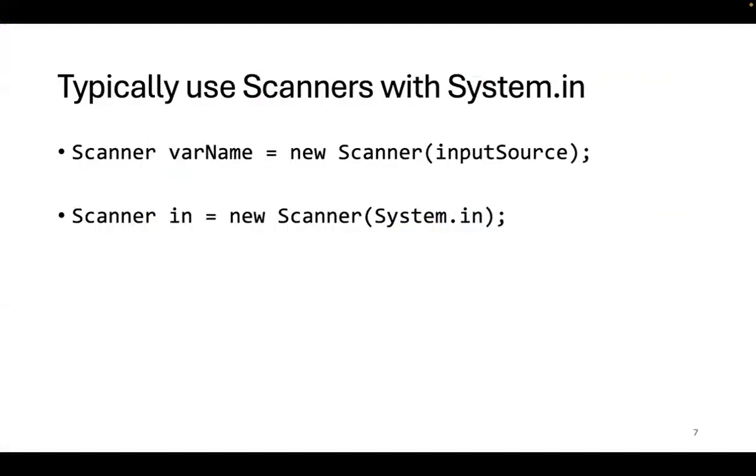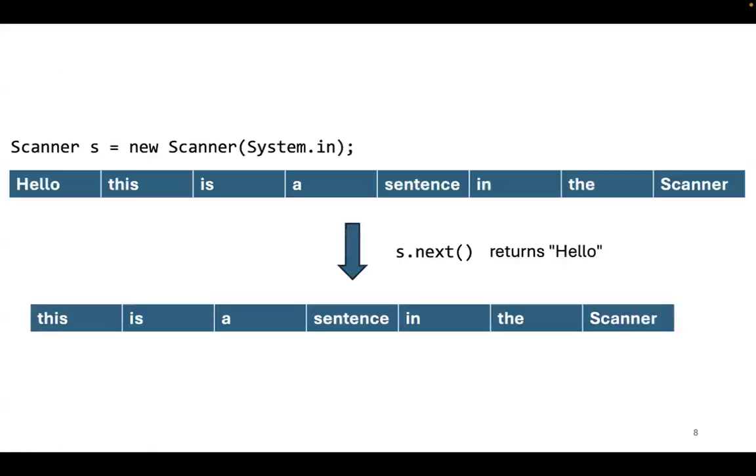Okay, so we've defined our scanner. The thing that goes in the parentheses here is just the input source. When we work with file reading, the input source is going to be something other than system.in, which is just the console. And so this is how the scanner kind of looks. It's split up into maybe tokens or entire lines. Here's my scanner, and then I type, this is a sentence in the scanner.